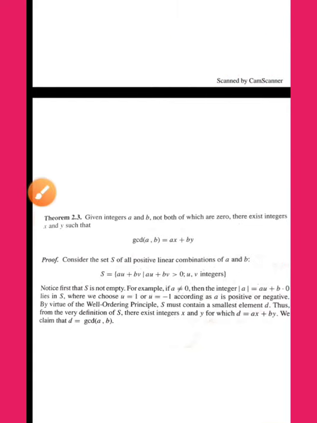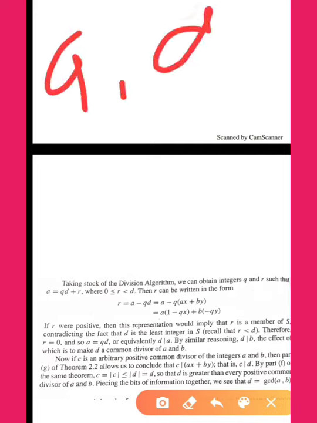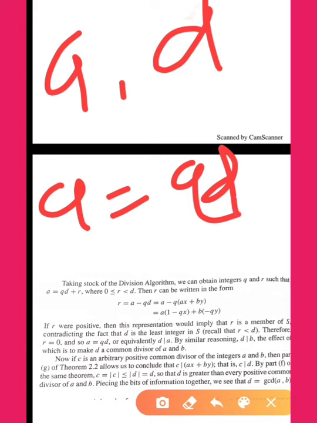Now to prove this, let us apply the division algorithm. That is, consider the integers a and d. Then by the division algorithm, there exist q and r such that a equals qd plus r. Now what is r? r is the remainder and q is the quotient.